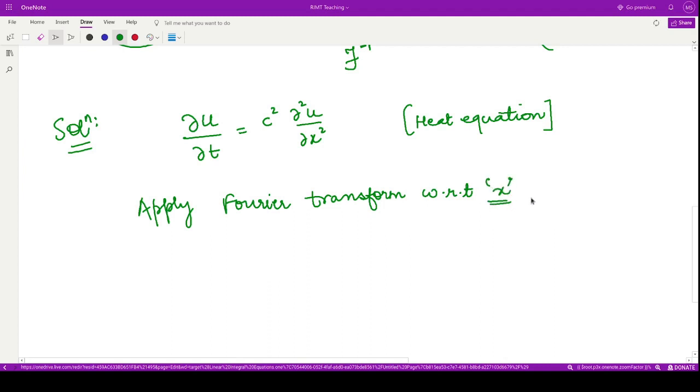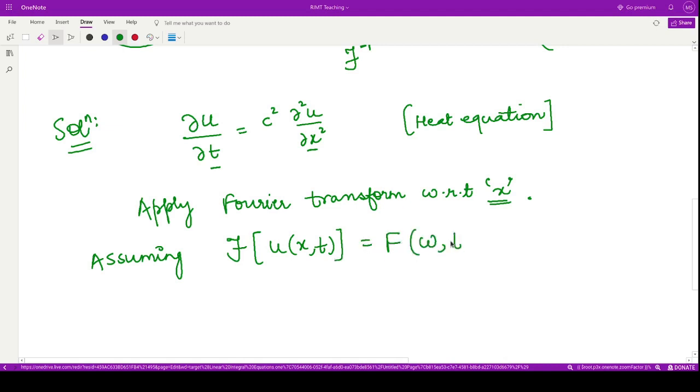So we are not applying it on t, however we are applying it with respect to the variable x, and we are also assuming that the Fourier transform of this function u, which is a function of x and t, is given by capital F of omega, t. So that means this variable x has now been converted to this variable omega. So this is our assumption.